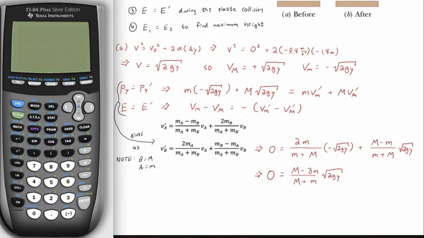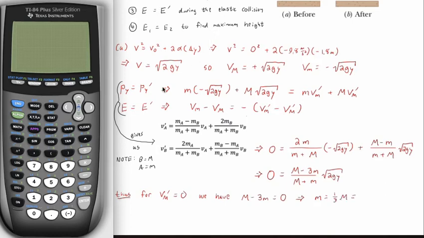So we can say, thus, for V big M prime to equal 0, we have big M minus 3 little m equals 0, which is to say that little m is just 1/3 of big M. Nice, clean result. 1/3 big M.